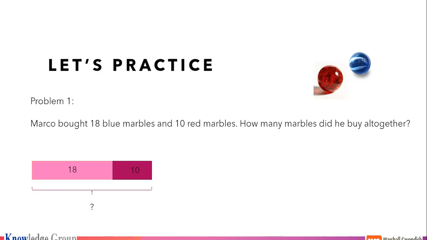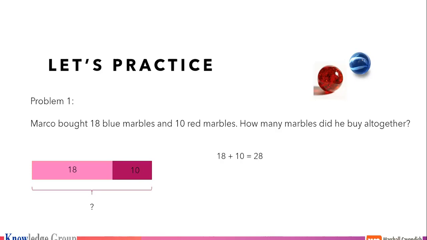What do I have to do to find the total? I have the parts. If I go back to my number bonds and I say 18 and 10 make, I don't know how many. 18 and 10, that means that I have to put them together.